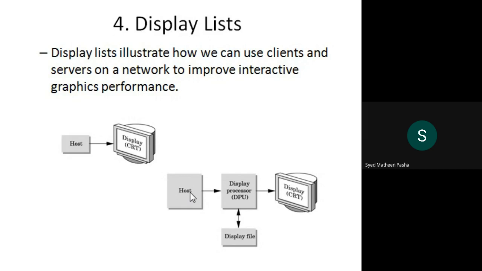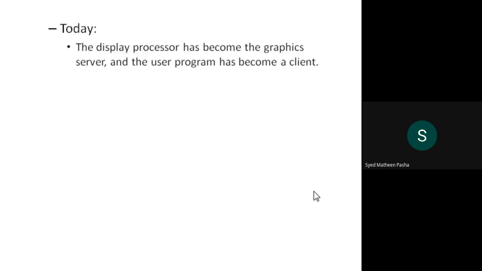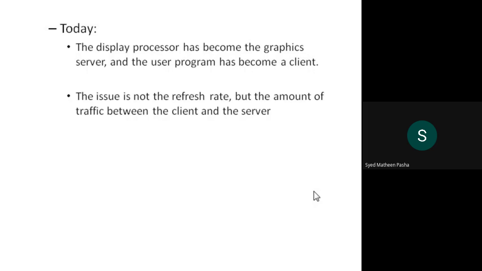So once this particular task is done, whatever the execution is done, it is actually displayed in the display CRT monitor. So this is about the display list as well as the display processor, how the display processor works. Then we have some modes here with respect to the display processor.